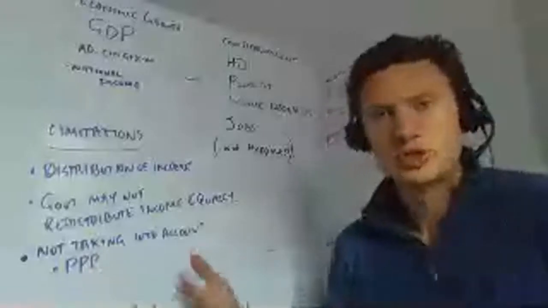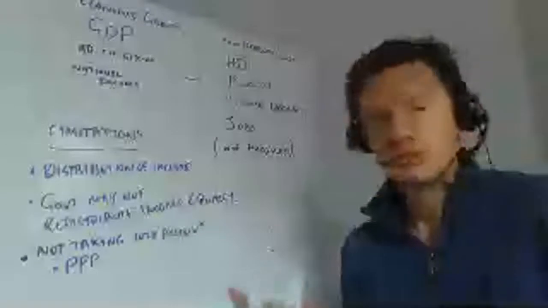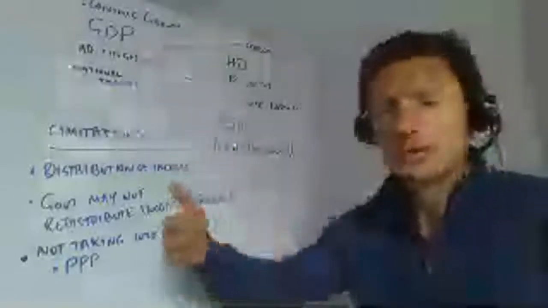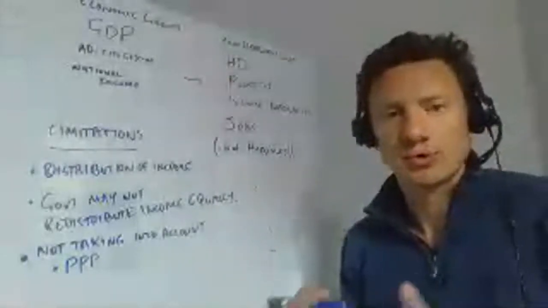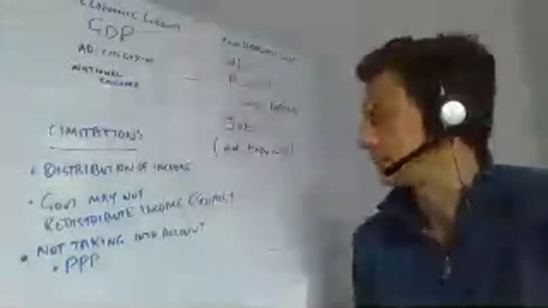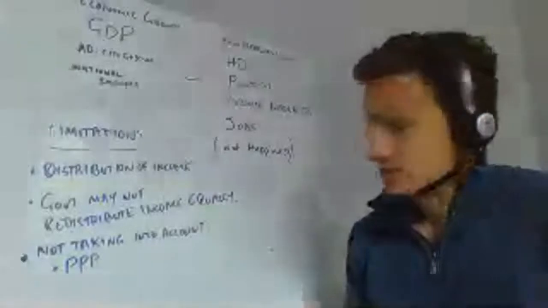PPP, remember, adjusts your GDP figure for costs of living. So if your costs of living are very high, or if they increase alongside GDP, then actually your real income isn't changing. You can simply buy the same things that you were able to buy before.